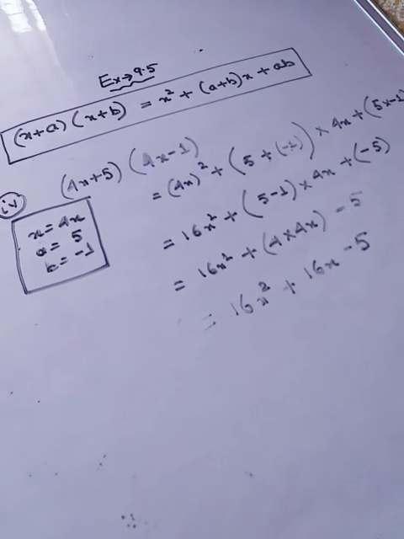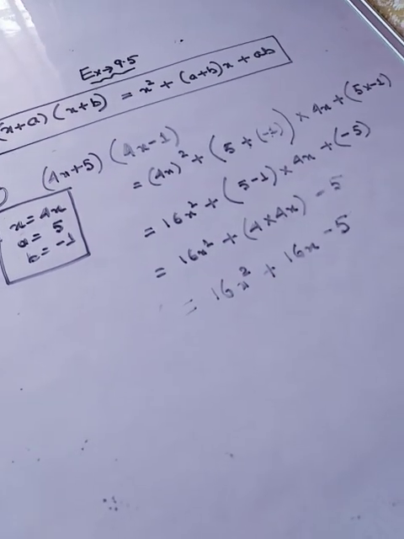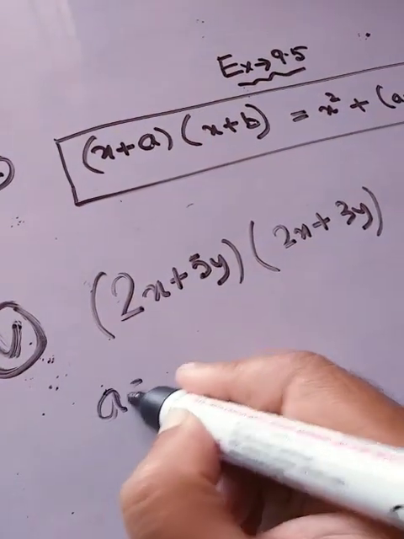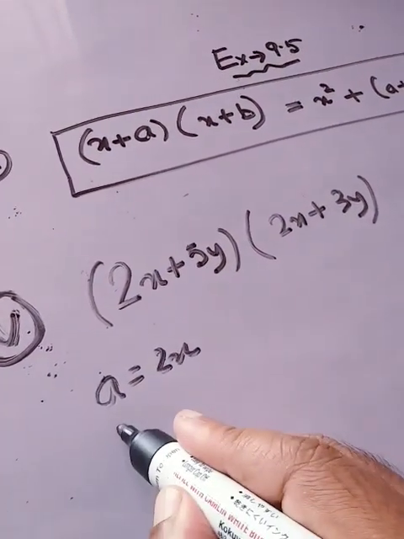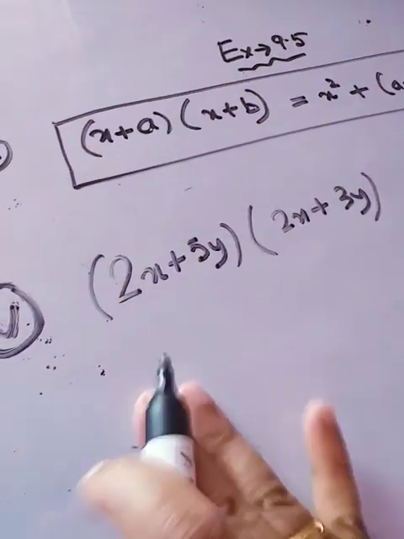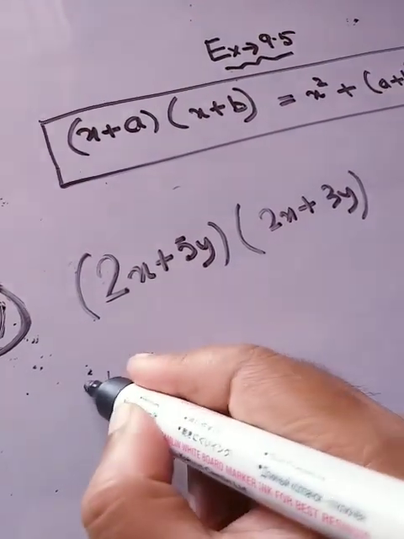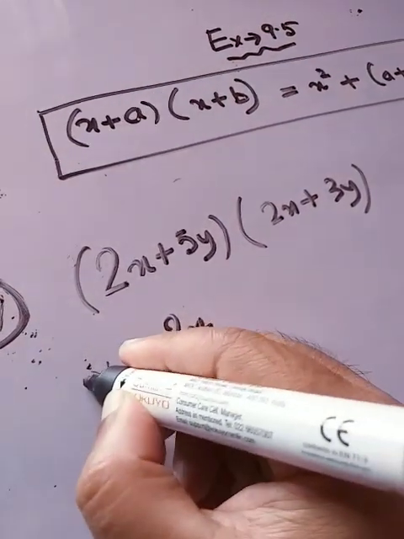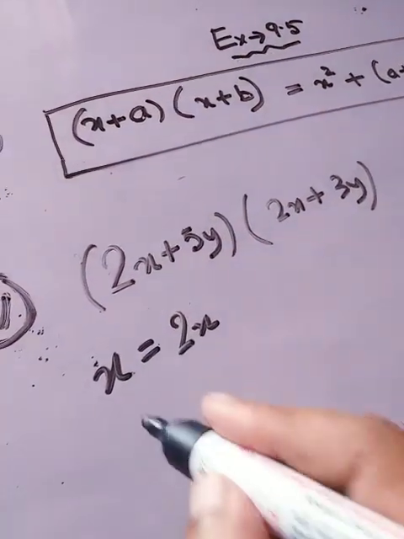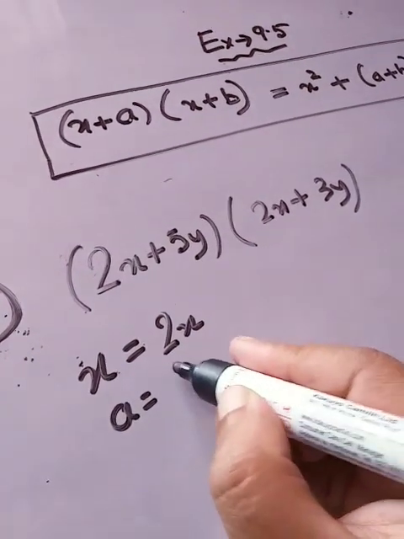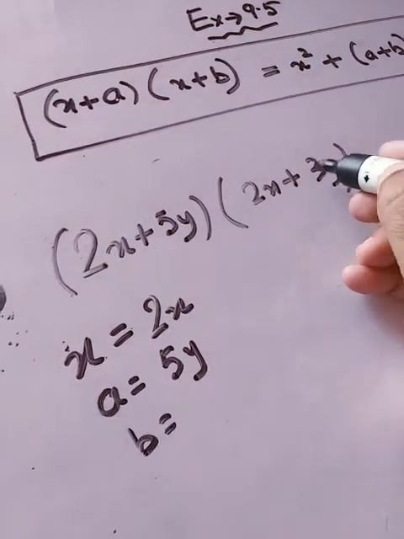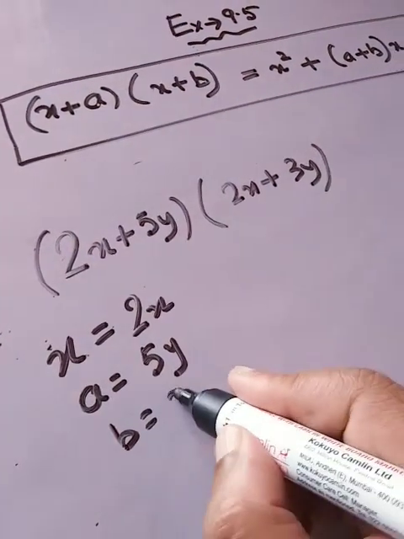Okay. Now let's move on to sum number 5. In sum number 5, in place of x we have 2x. Now in place of a we have 5y, and in place of b we have 3y.